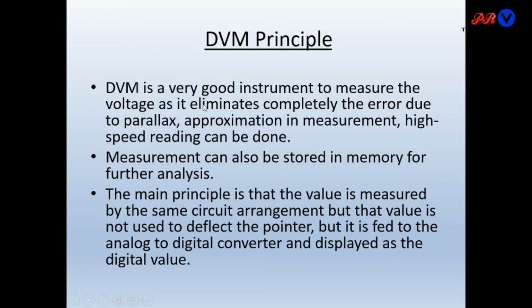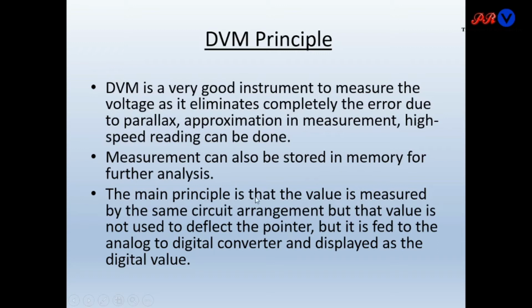Because it removes the errors which are present in EMMC and PMMC, parallax error and approximation in measurement. Another advantage is that high speed reading can be done with the help of DVM. Measurement can also be stored in memory for further analysis. We can store this measurement in digital form for further analysis.